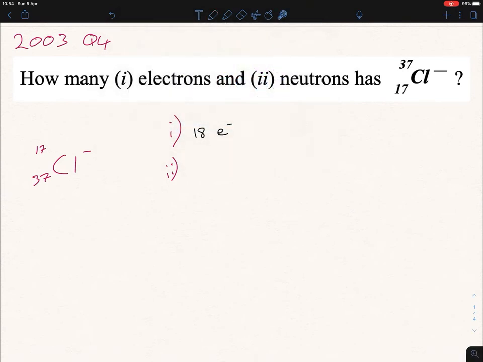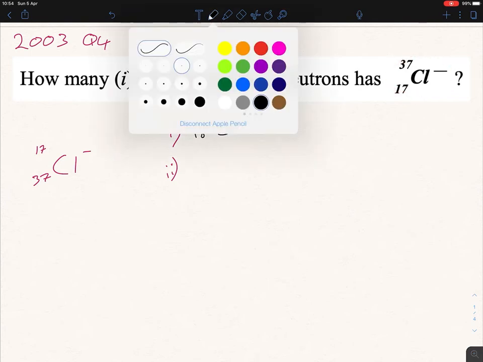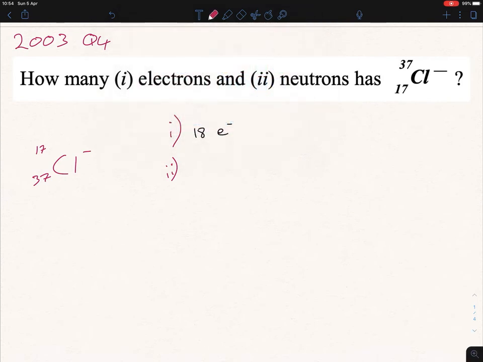Now, how many neutrons does the chlorine ion have? We know our formula, actually, I'll just write it out all together here. Our mass number equals the number of protons plus the number of neutrons.